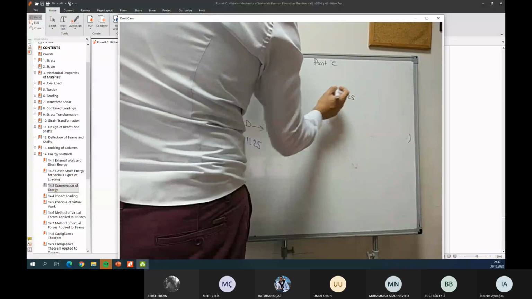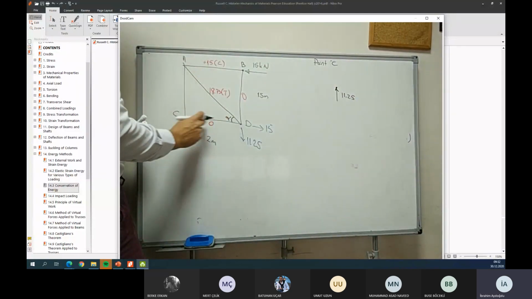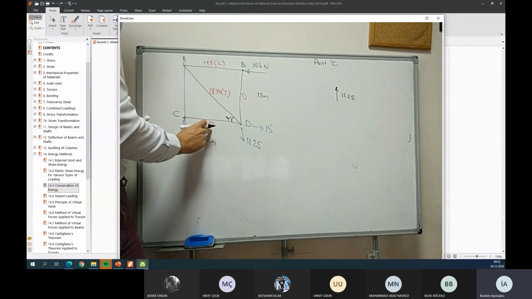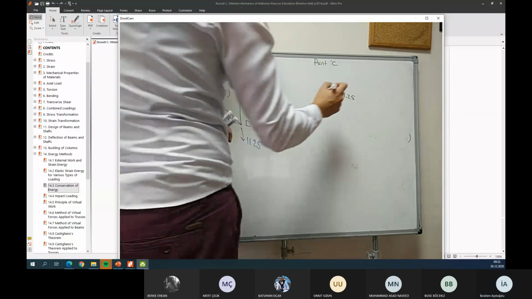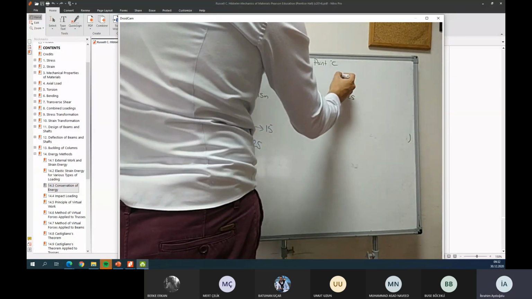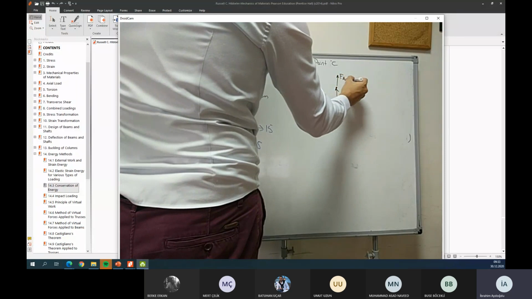I don't need to write the internal force F_CD because this value is 0. Just one force is remaining, like this upward one, F_AC.